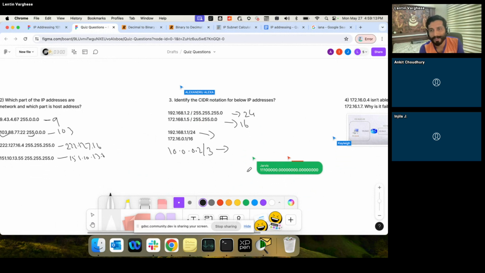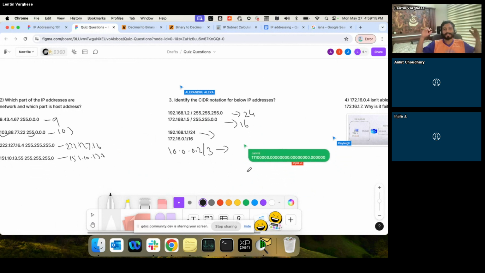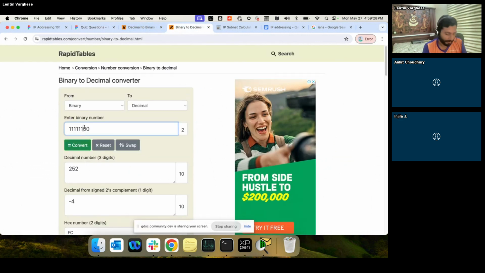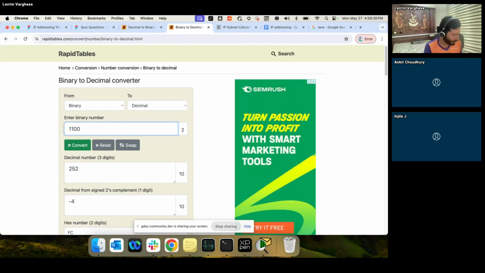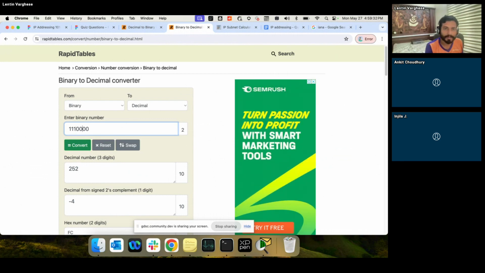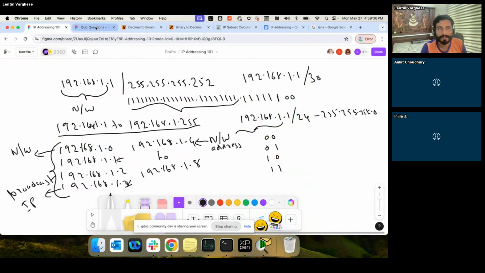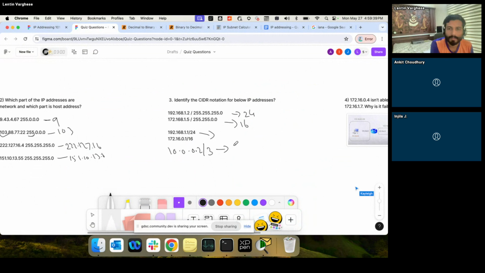Yep, there you go. You got it, right? Basically, it's the number of bits which are used for the network portion. So that would come to something like this: 224.0.0.0.